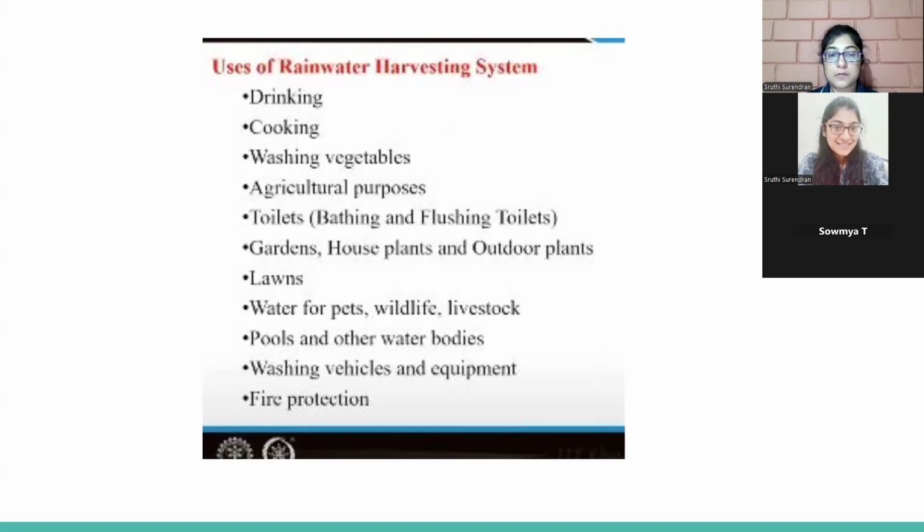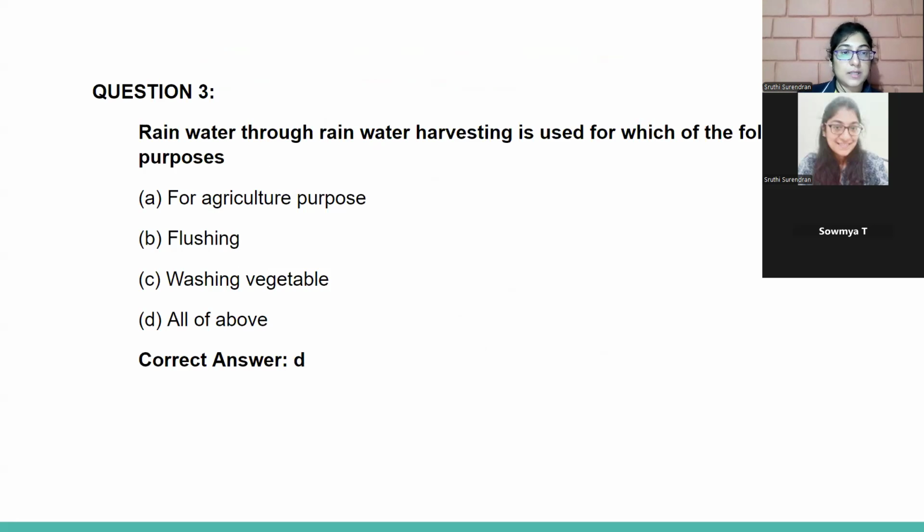And provided we apply some primary treatment like sedimentation and filtration, the quality is going to be really good. So it can be used for anything, ranging from domestic use to washing vehicles, fire protection, etc., depending on the quantity. So the correct answer for this question would be option D.